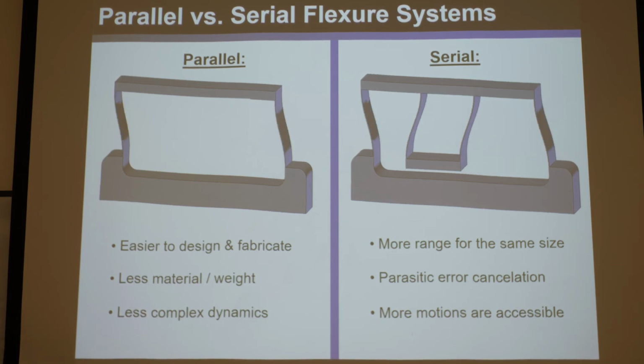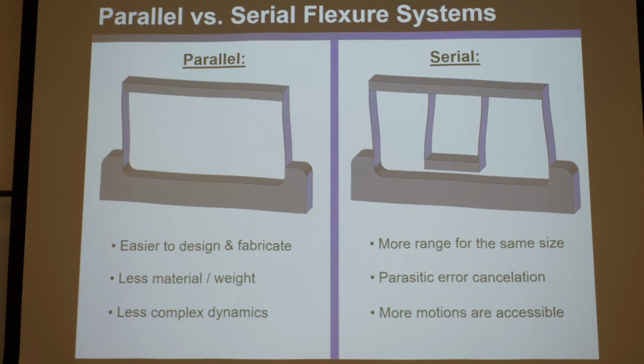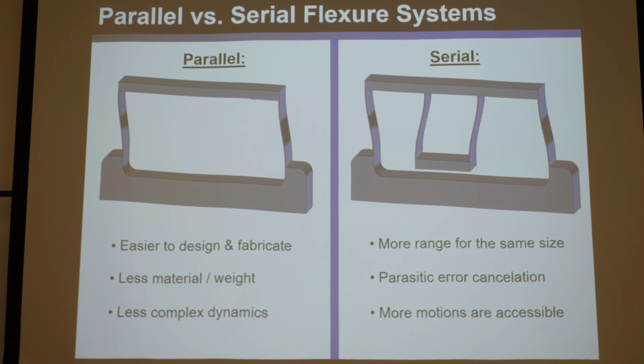Remember, parallel systems can't even be under constrained because they can't have redundant degrees of freedom. They just have the degrees of freedom of their stage, and that's that. You need at least two moving bodies with the same degree of freedom to have the redundant degree of freedom. And so there's just much less complexity. And if you can achieve the motion you want, you should probably make it parallel.